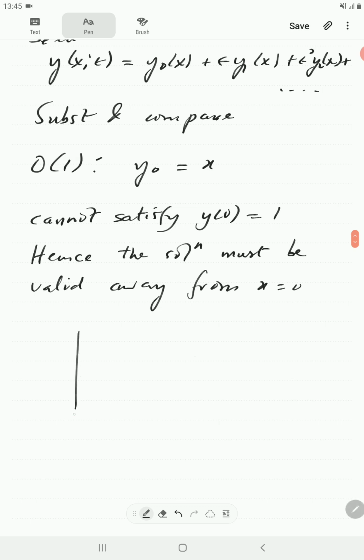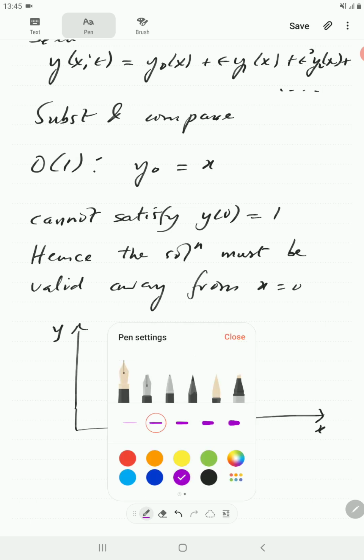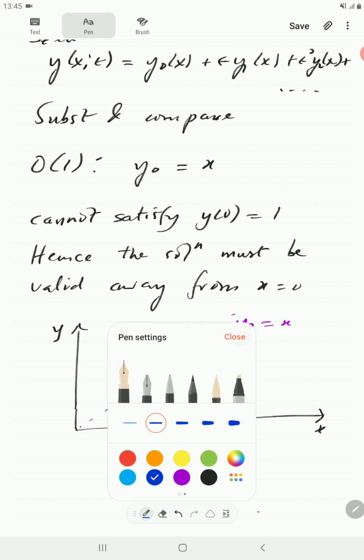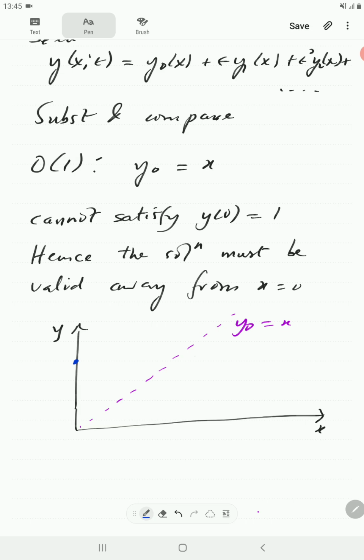If we make a sketch of the situation, what we have is y0 equals x, a straight line like this, but when x equals 0, the solution needs to be y equal to 1.